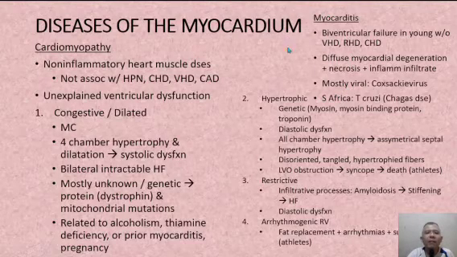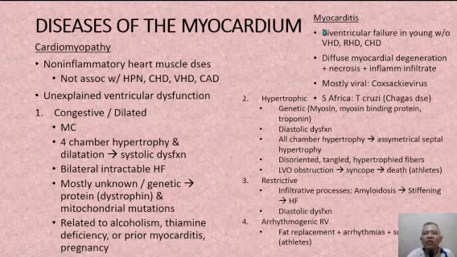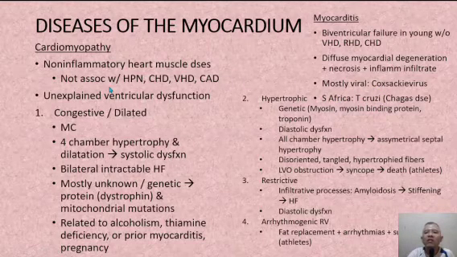The next kind of disease of the myocardium is myocarditis. It is the inflammation of the myocardium brought about usually by infection, usually viral, Coxsackie virus. However, if it's due to a parasite or a Trypanosoma cruzi, so it's parasitic.